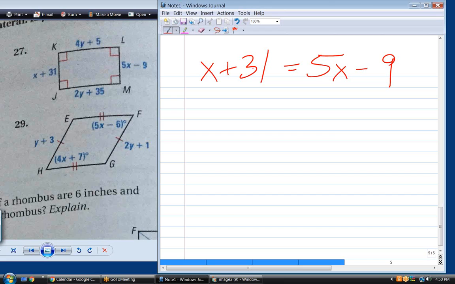In other words, I would have written this like this, and you would have written it back. Not backwards, because your 5x minus 9 equals x plus 31 is just as good as mine. It's just I go from left to right and top to bottom. And one is not more correct than the other. So what's the next line? Add 9 on both sides. Yeah.